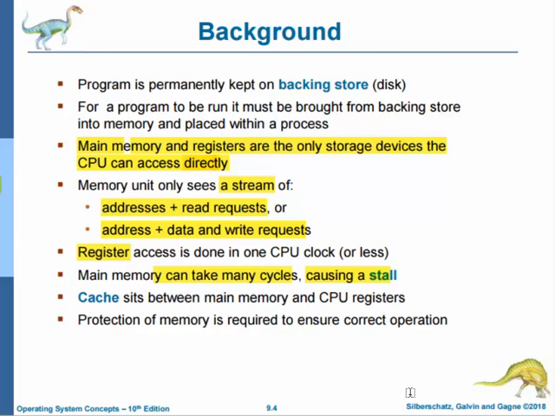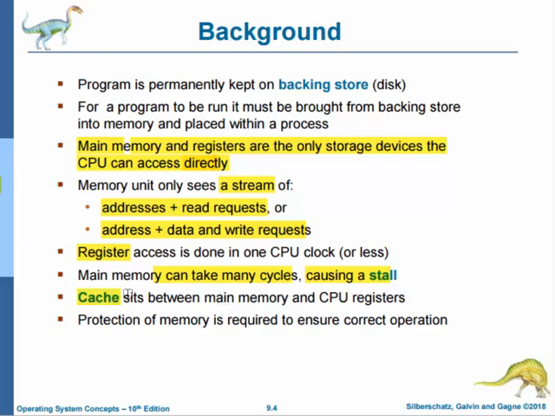So the remedy is to add fast memory between the CPU and the main memory. What is that remedy? It's typically on the CPU chip for fast access, and that is what we call a cache.